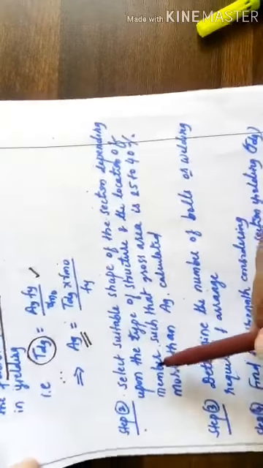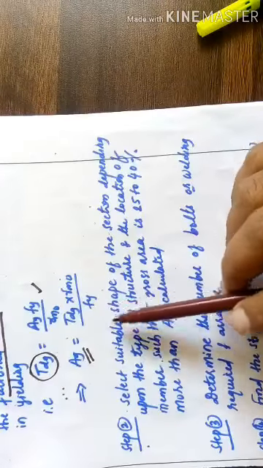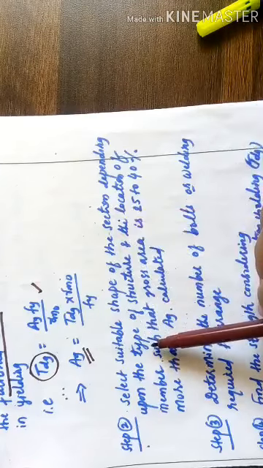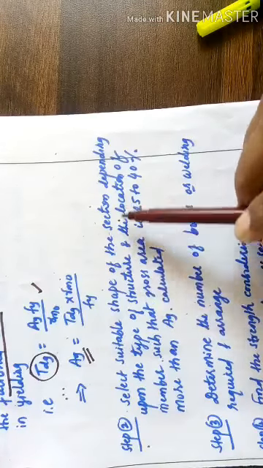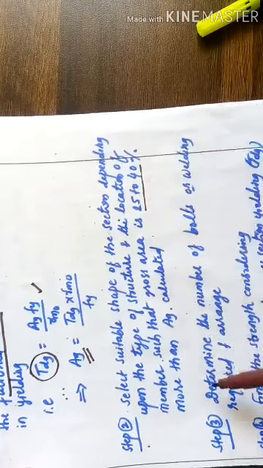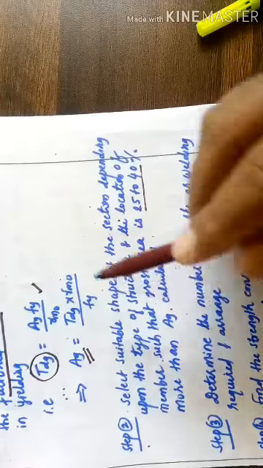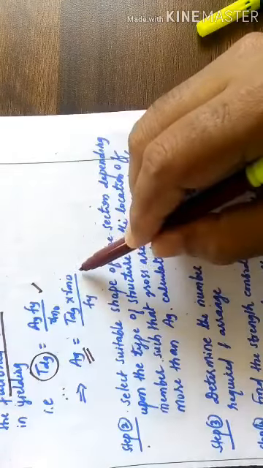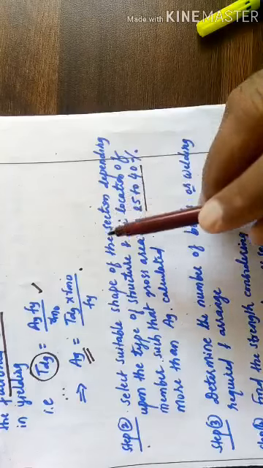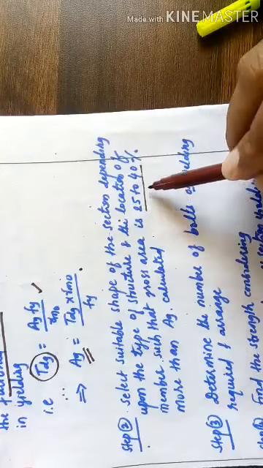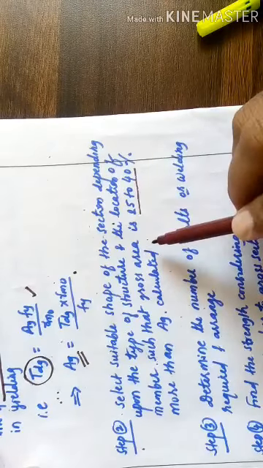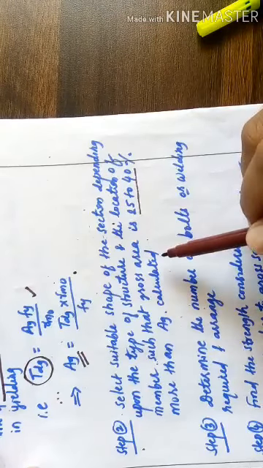Step number 2: after calculating the area, select a suitable shape of the section depending upon the type of the structure and the location of the member, such that the gross area is 25 to 40% more than the Ag calculated. That means whatever area you calculate in step number 1, you increase that area by 25 to 40%, and for the area obtained after increasing, you refer to the steel table and assign the section.